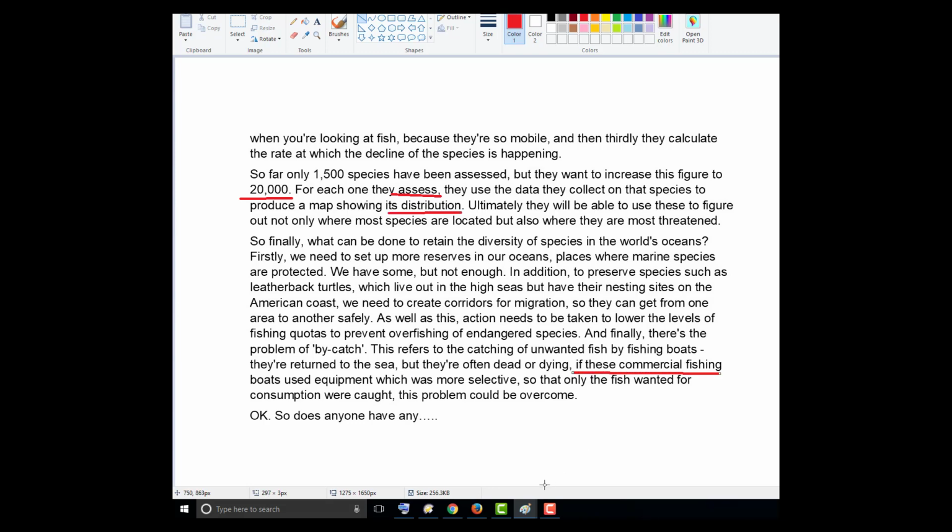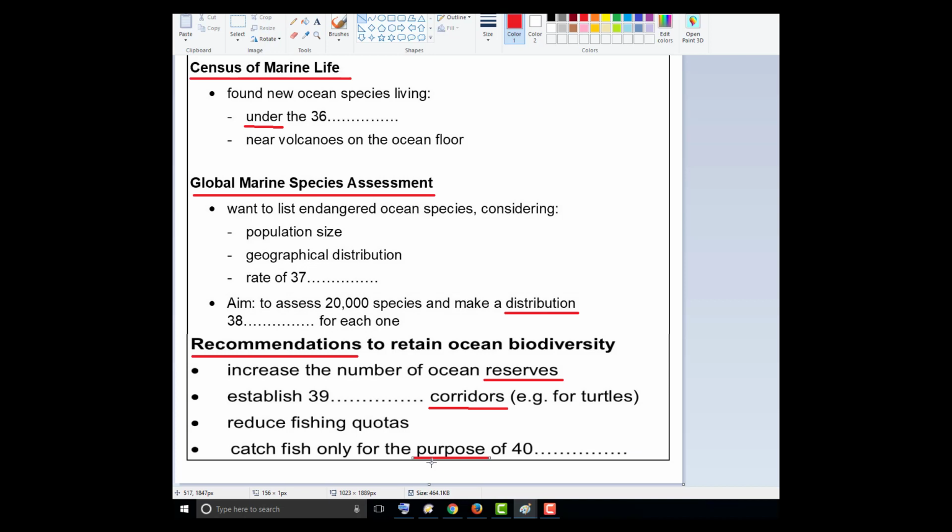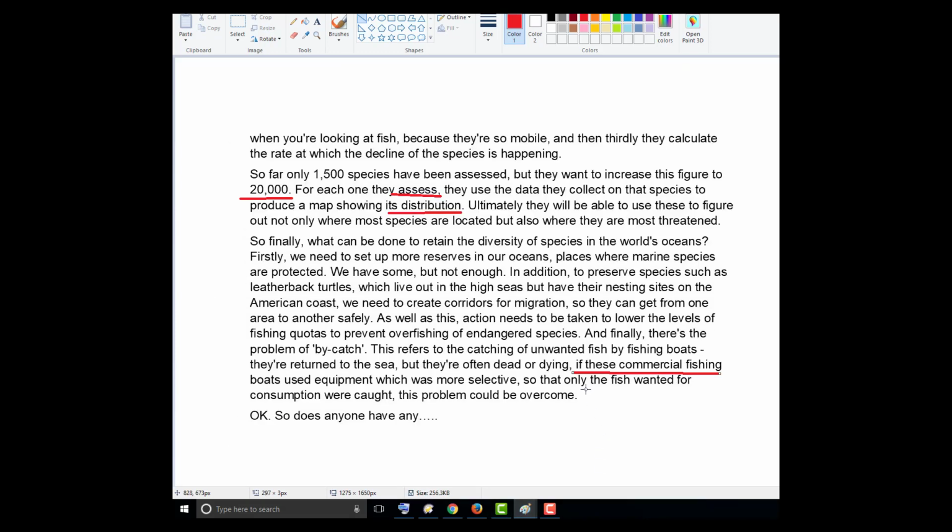Commercial fishing, which, well, they start off here talking about fishing quotas. Catch fish only for the purpose of something. So if only these boats used equipment which was more selective, so that only the fish wanted for consumption were caught, this problem could be overcome.